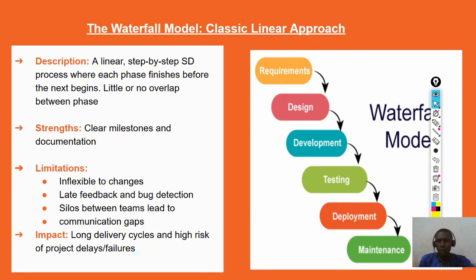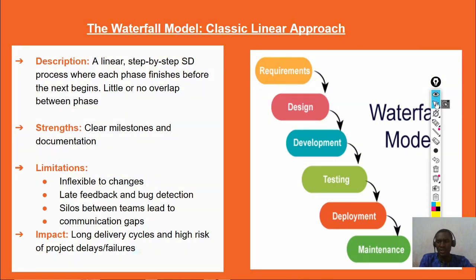When you look at the software development process that we saw in the previous slide, you are going to see that there is a series of stages that are important from conception to development, deployment and maintenance. And if you look at this diagram here, you are going to see the various phases that are included in the waterfall model.